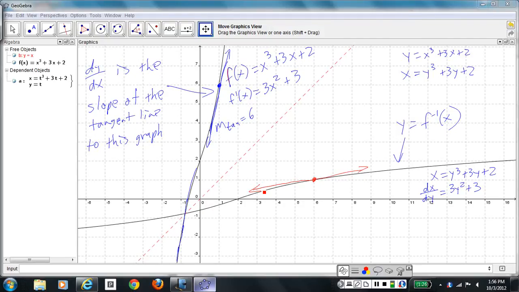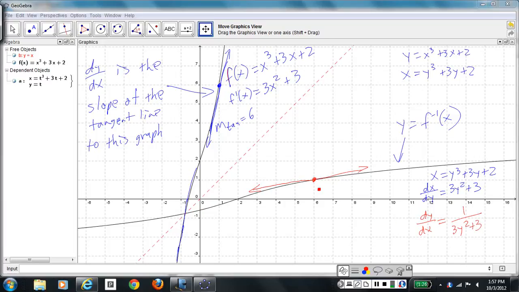Well, we take dx/dy, which is 3y squared plus 3, but dy/dx is going to be the reciprocal of that. dy/dx equals 1 over 3y squared plus 3.